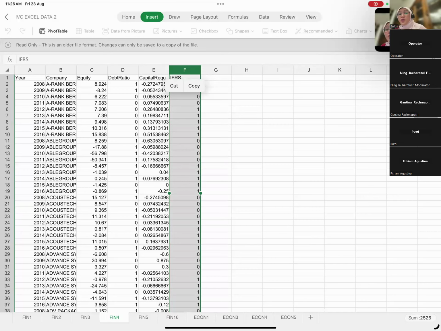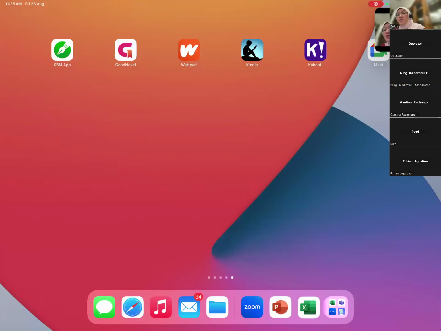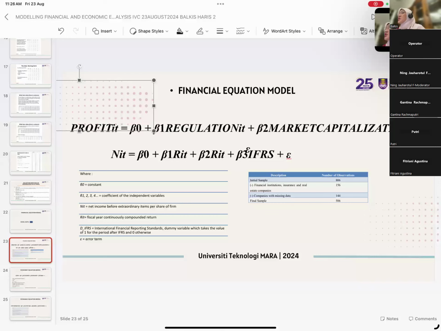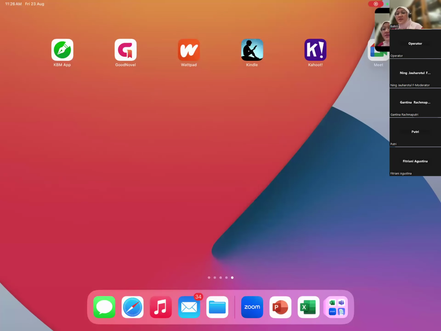So when you look at financial data, not necessarily do you collect all the economic data. You can also collect company specific data. What does it mean by company specific data?